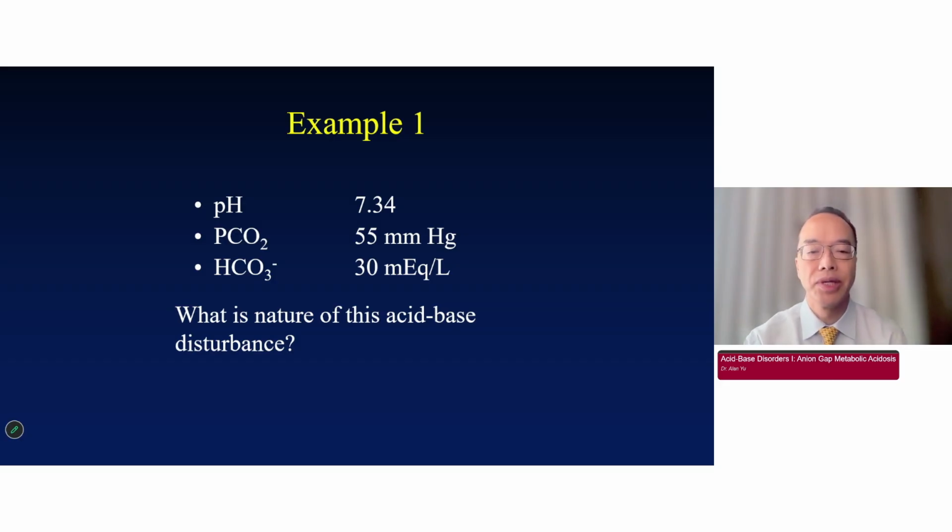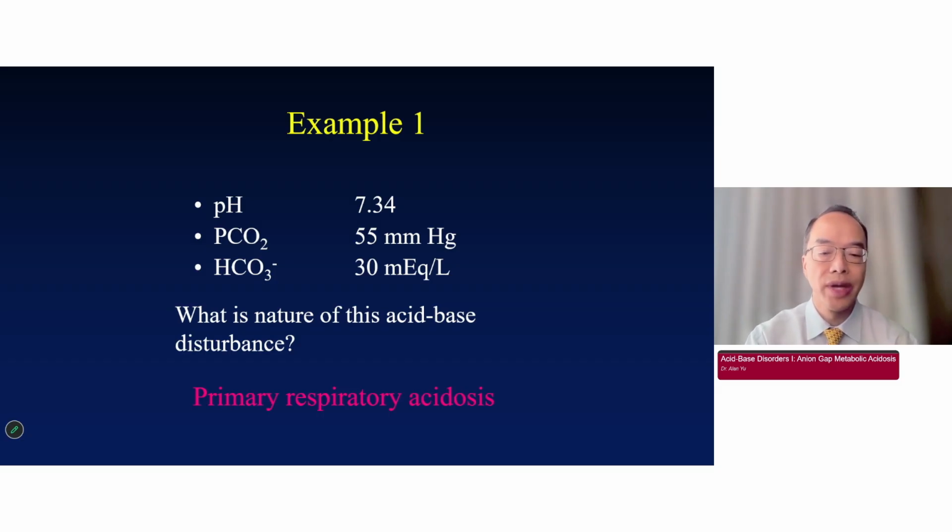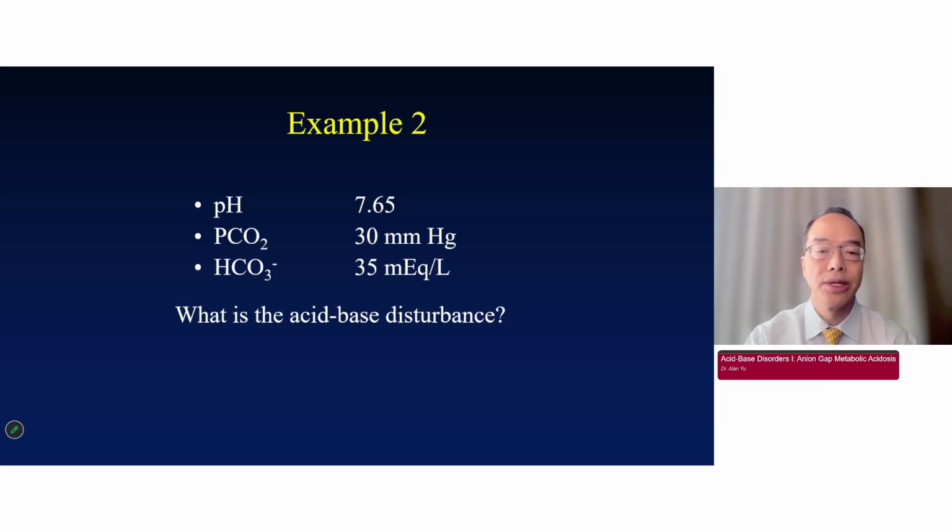And here you see the PCO2 is elevated, so it looks like a primary respiratory acidosis, and the bicarbonate, instead of being decreased, is actually increased, which is an expected metabolic compensation for a primary respiratory acidosis. So this would be consistent with a simple primary respiratory acidosis.